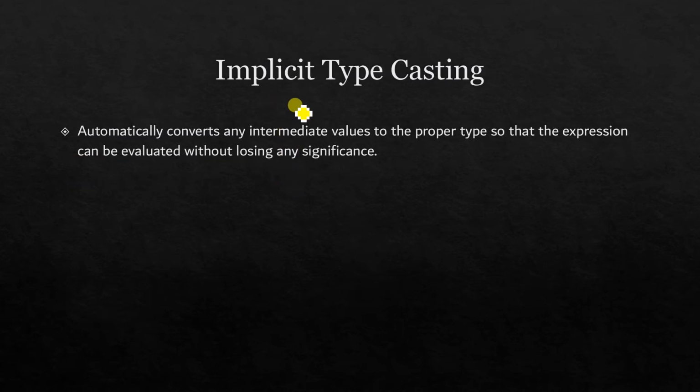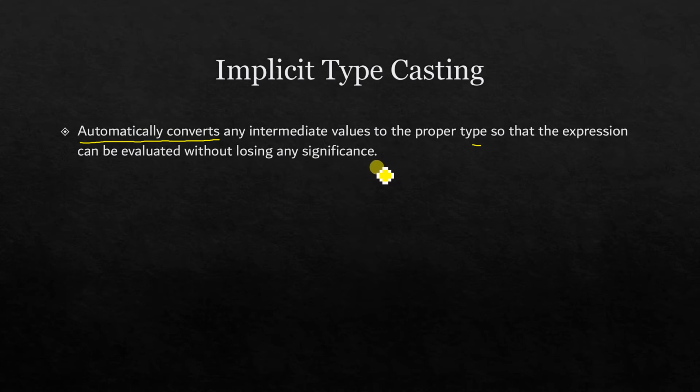So what exactly is implicit typecasting? When the compiler automatically converts, remember the term automatically, any intermediate values to the proper type so that the expression can be evaluated without losing any significance.